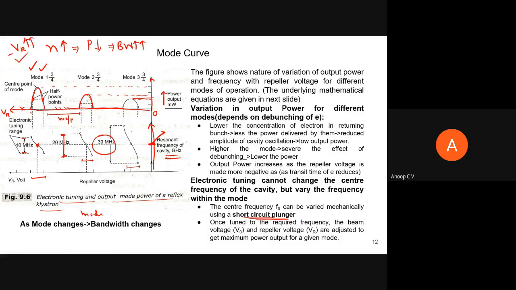And if you want more bandwidth, for some application which needs the frequency content around FC in a range of plus 30 megahertz, then you should go for the higher order modes, which means the repeller voltage is minimum. So that is the essence.